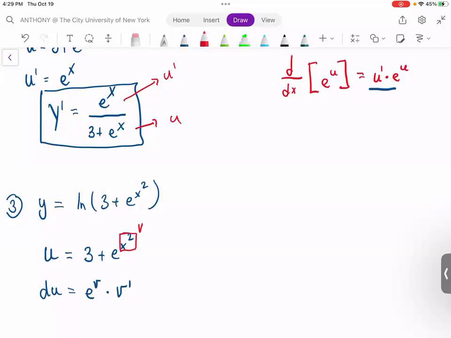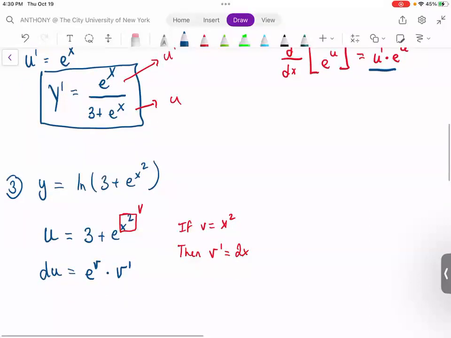Okay, if v is equal to this x squared, then what would be its derivative? 2x. Very good. So now we just replace it for our du, right? So what we're going to have is e to the power of x squared times 2x. Now we put all of this together.